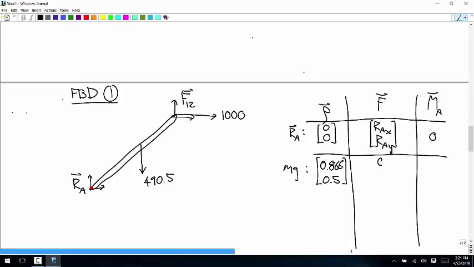And the force vector is 0, negative 490.5. And what's the cross product? Negative 424.773.